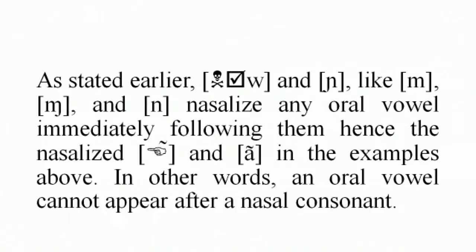As stated earlier, "we" and "ni", like "me" and "ni", nasalize any oral vowel immediately following them. Hence, the nasalized vowels in the examples above. In other words, an oral vowel cannot appear after a nasal consonant.